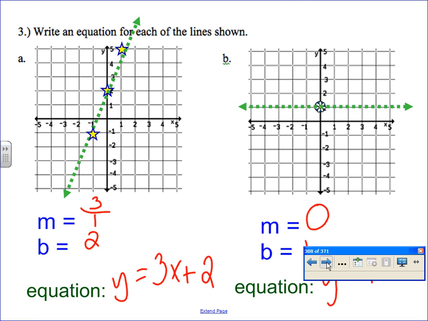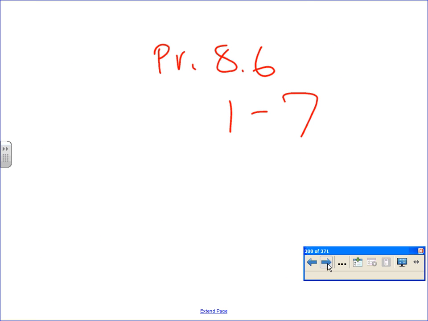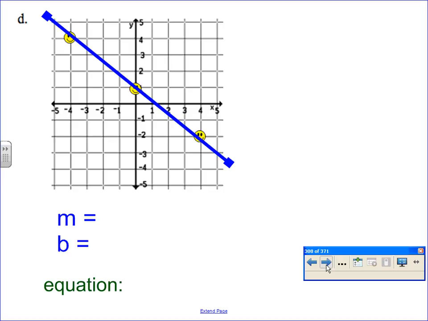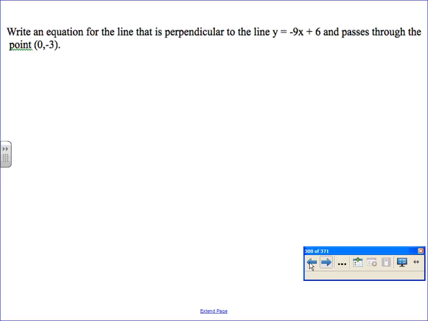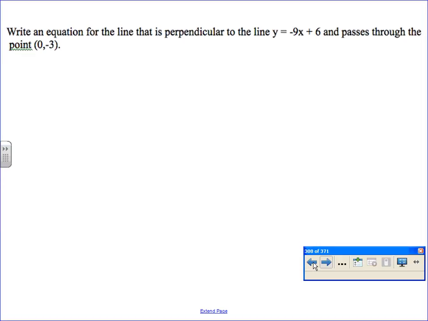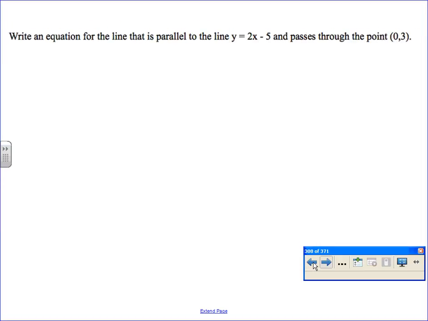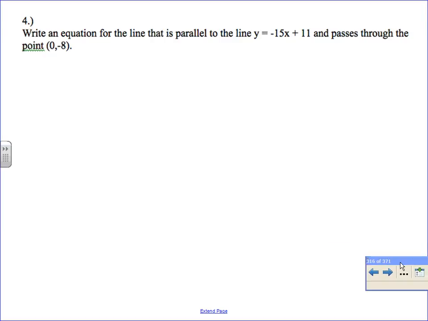Page 24, number 4 is where I want to start. Smartboard, quit. It just keeps moving. Okay, here we go. Okay, so page 24, number 4.